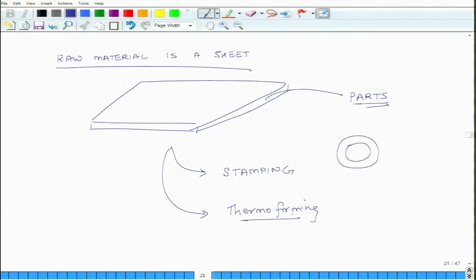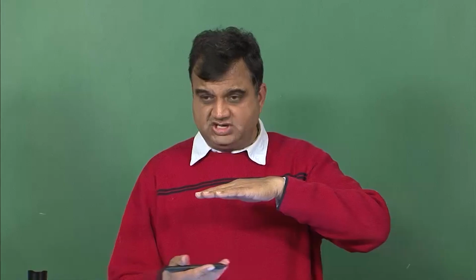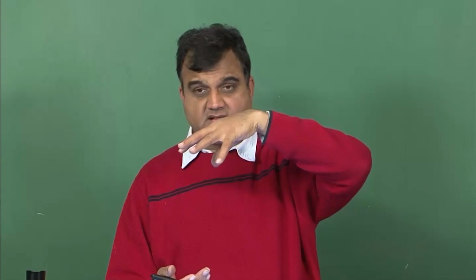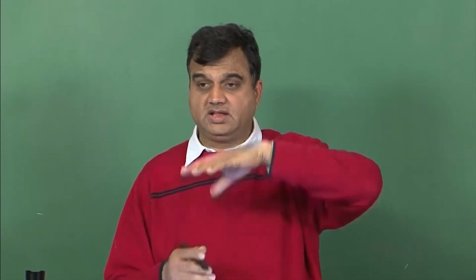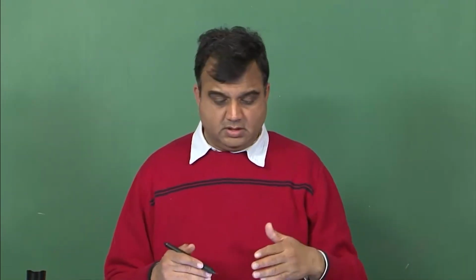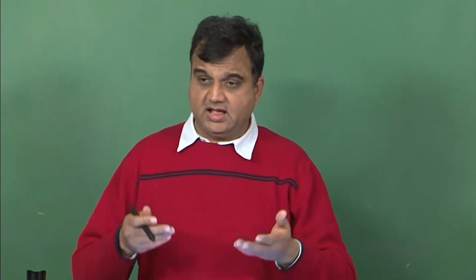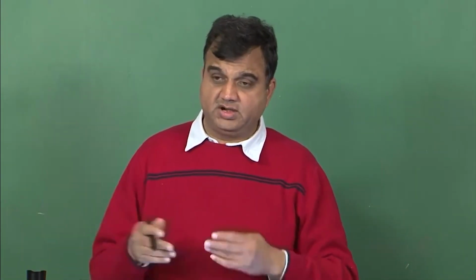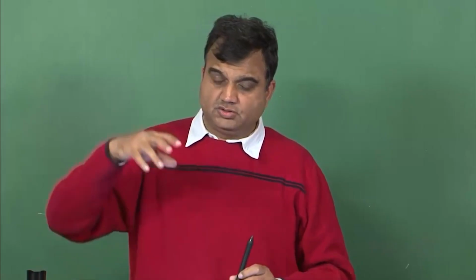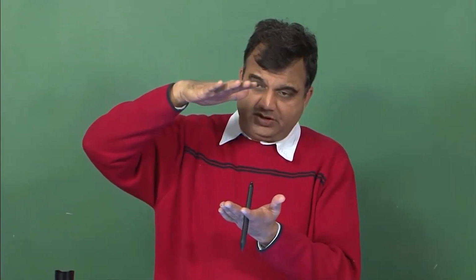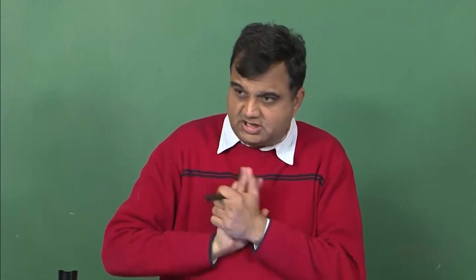So, what happens in thermoforming? There is a die, a positive side of the die, a negative side of the die, you put a sheet in between, and at a higher temperature, and the temperature is not so high that things start flowing. A property of thermoplastics is that at higher temperatures, below melting point, things become very soft. So, you make the things soft, and at an elevated temperature you press it into the desired shape.